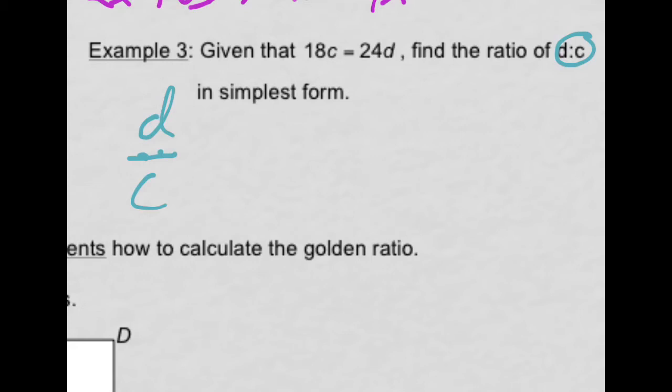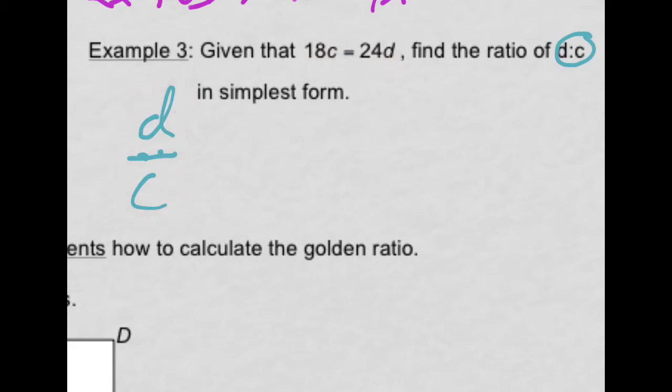So d over c. So d to c just means d over c, right? Now we've got to get this guy, 18c equals 24d, into this formation right here.